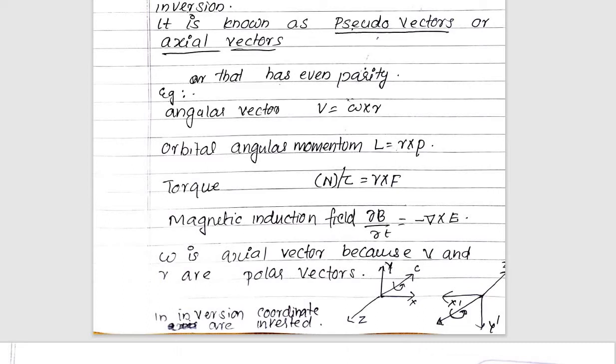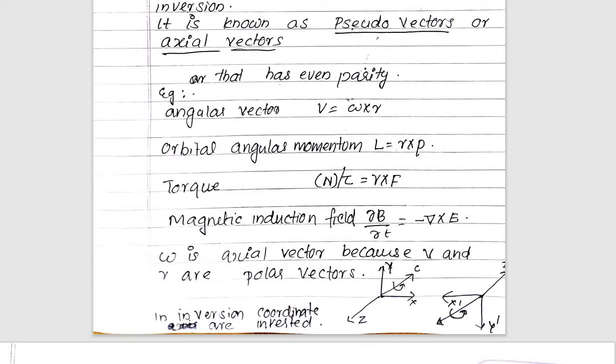Now we are going to redefine these polar vectors and axial vectors in terms of reflection. We can distinguish between axial vectors and polar vectors in terms of inversion and reflection.